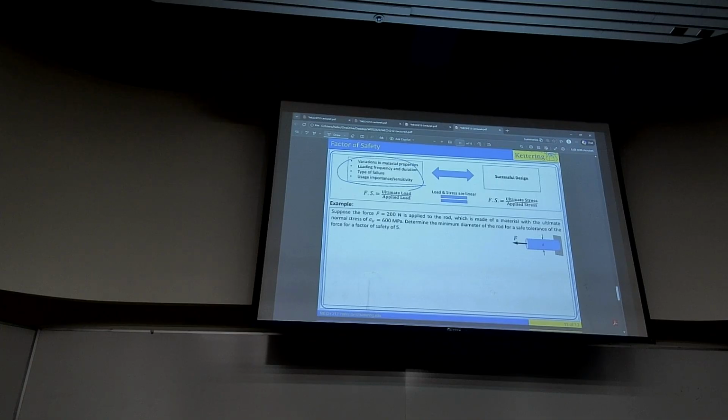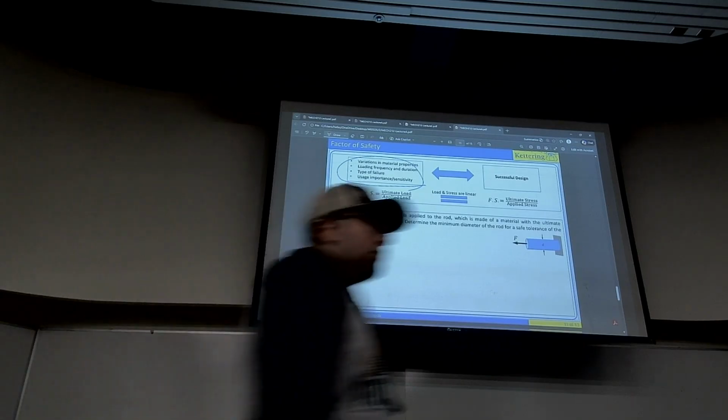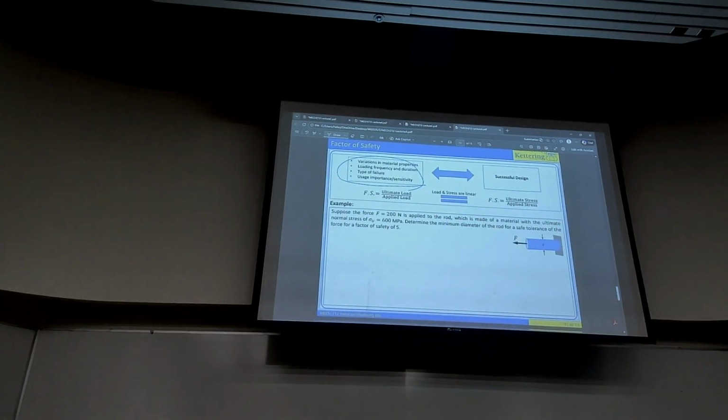There's variability in material properties, and depending on how you load the object, one day it's loaded one way, the second day it's loaded differently. And then there's how it fails, what kind of failure type is considered, and where that object is used.